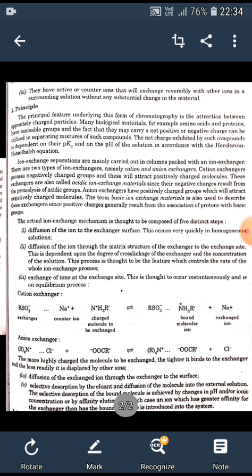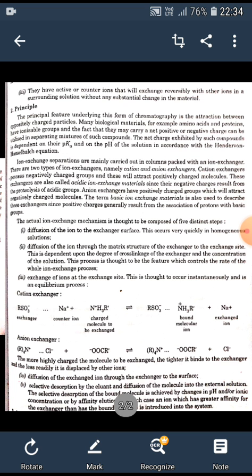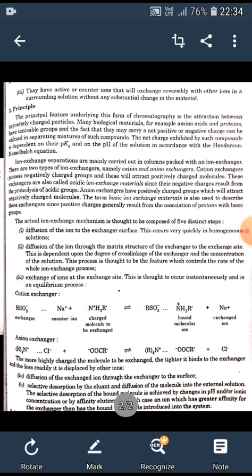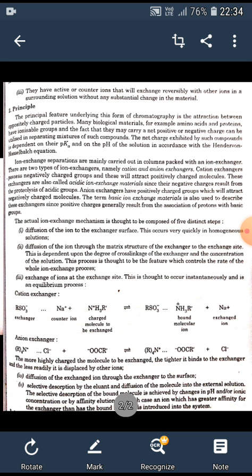This can be utilized in separating mixtures of such compounds. The net charge exhibited by such compounds is dependent on their pKa value and on the pH of the solution, in accordance with the Henderson-Hasselbalch equation.